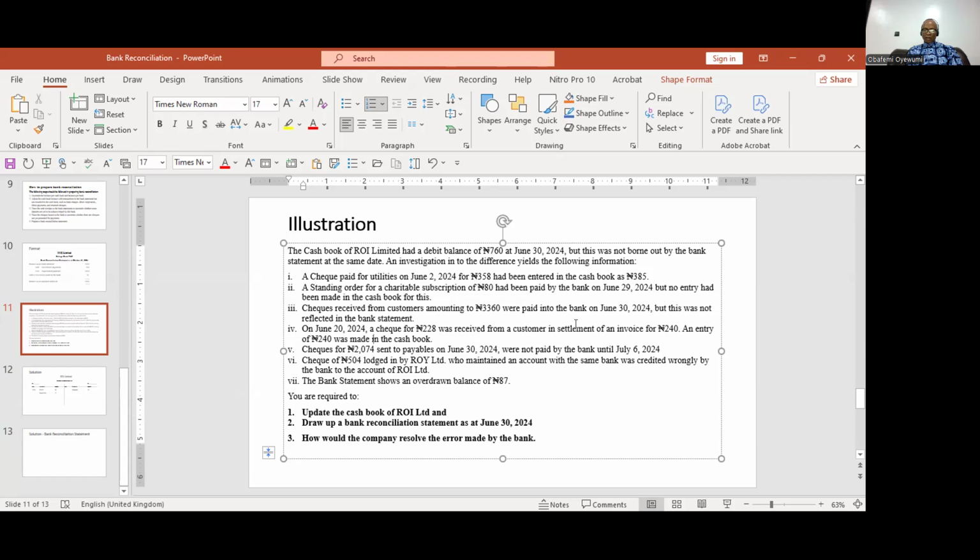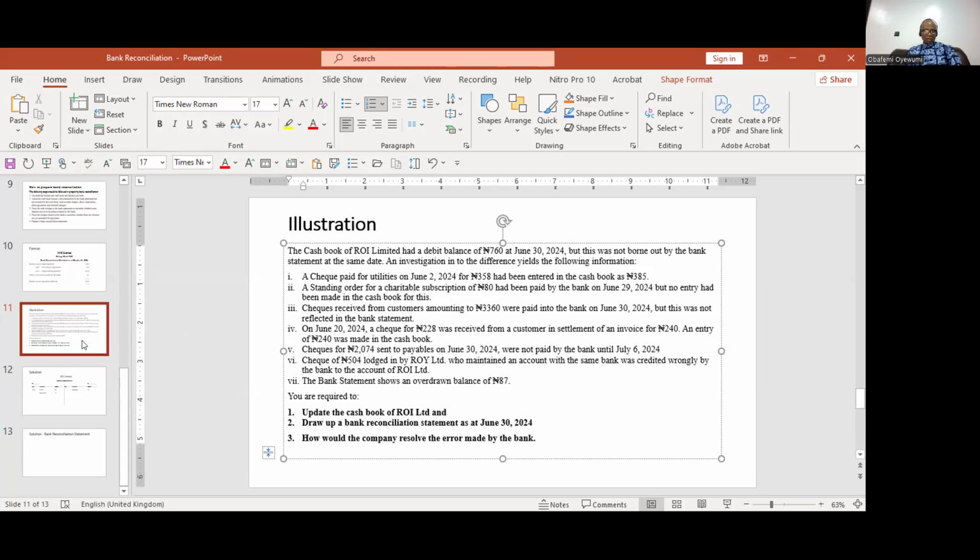But instead of posting 228, he posted 240. What does that mean? It means that you have overstated the amount of money received. So you have debited your account with 240 instead of 228. So what do you do? You have to find the difference, and then you must credit your cash to remove the difference from the initial 240 that you posted. The difference here is 12.